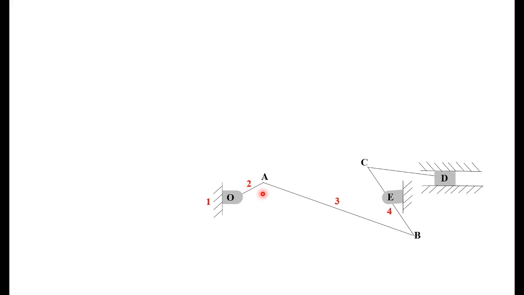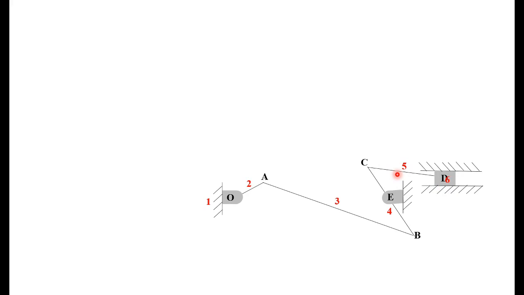That is your fourth link, and you should see that BC is oscillating or rotating about E. These are not two links, this is the same link BC, which is hinged at E. Then the fifth one is the connector from BC to the slider, that is link CD. Finally we have the slider. So we have 6 links. This is a 6-link mechanism.